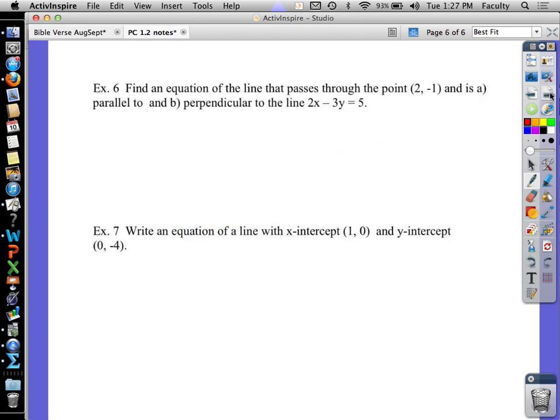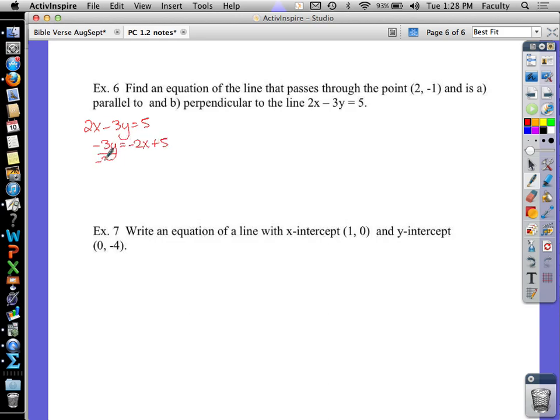All right, then example 6. We've done this many, many times, in Algebra 1 and Algebra 2. Find an equation of the line that passes through (2, -1) and is parallel to, then perpendicular to, the line 2x minus 3y equals 5. So the first thing we need to do is find out what the slope is.